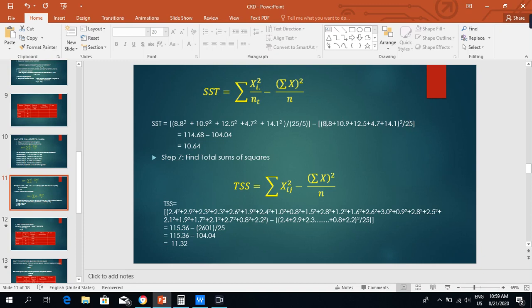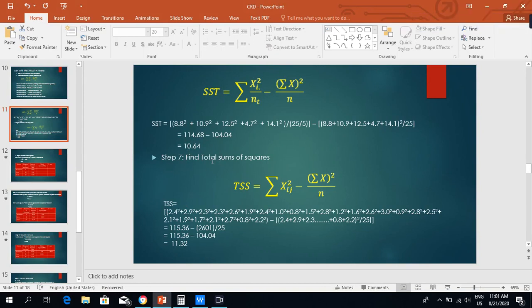Here 8.8 is the total yield of treatment 1, and 10.9 is the total yield value of treatment 2, 12.5 is for treatment 3, 4.7 is for treatment 4, and 14.1 is for treatment 5. The total value of these numbers is equal to the total yield value of 25 plots. So you can substitute your values into this equation and take the answer.